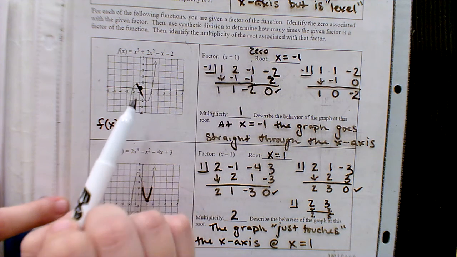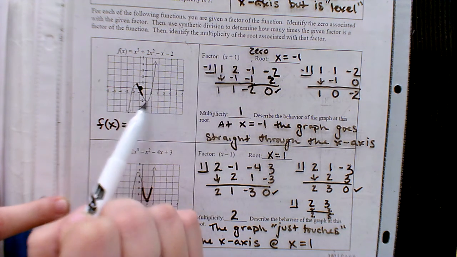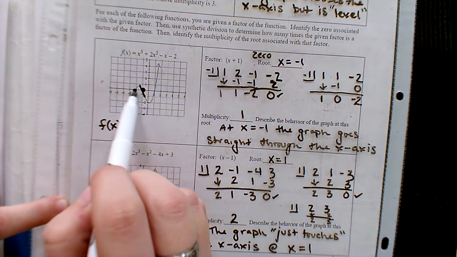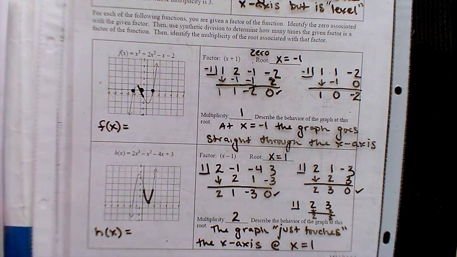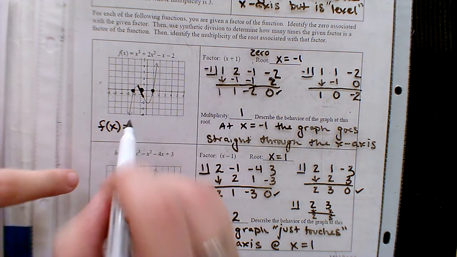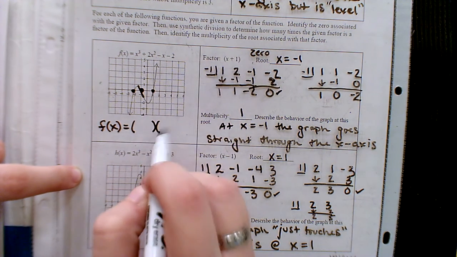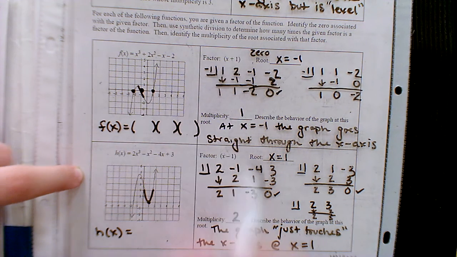So if you were to take a look at this first graph we did here, we can identify the x-intercepts. They look like -2, -1, +1. And if those are the x-intercepts, what do the related factors look like?